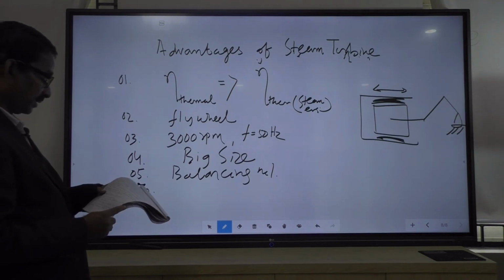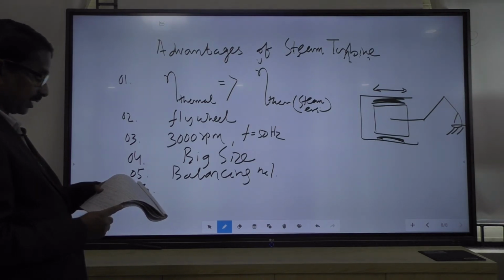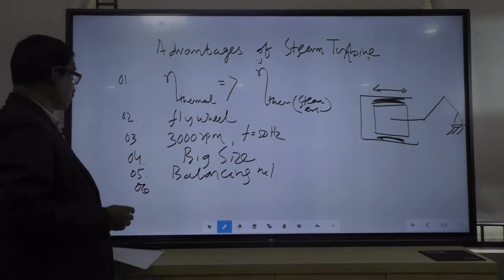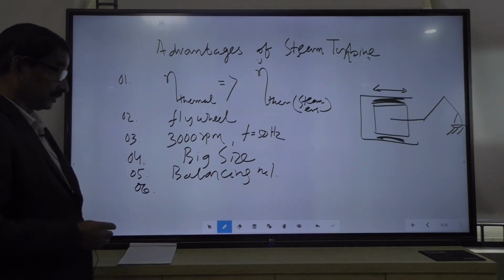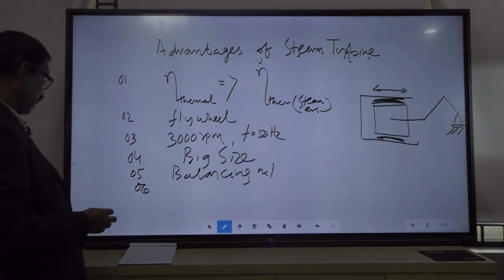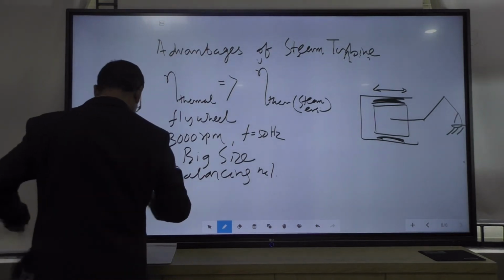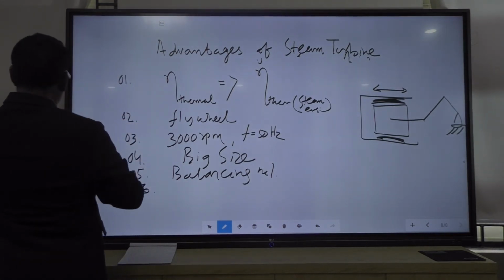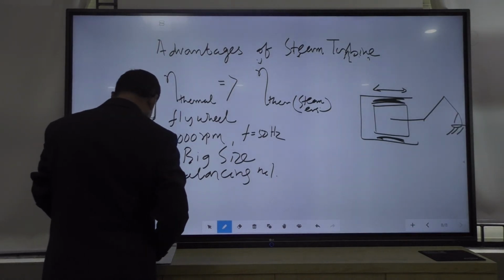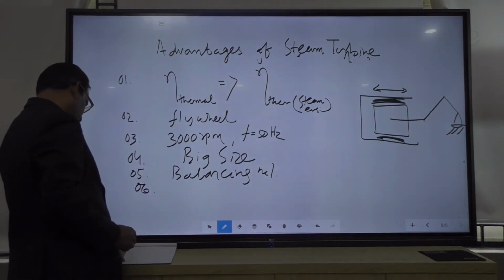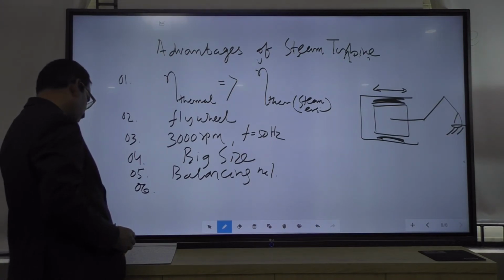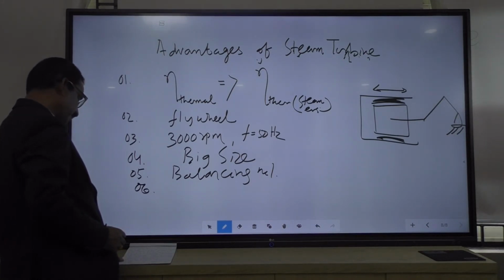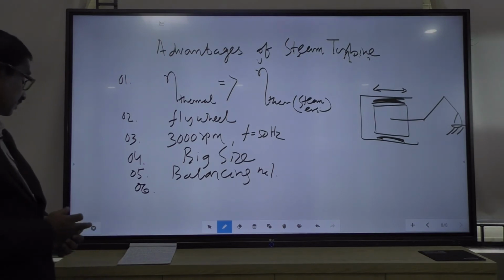Number 7, there is no loss due to initial condensation of steam. The initial condensation of steam does not take place, therefore there is no loss. Number 8, it can utilize high vacuum very advantageously.